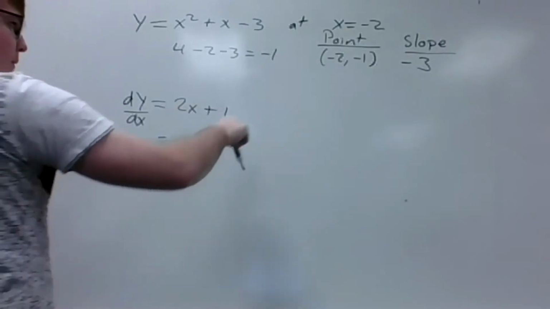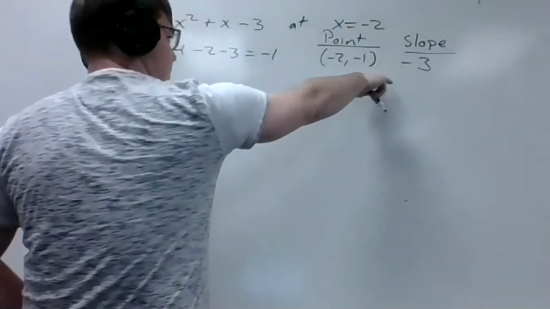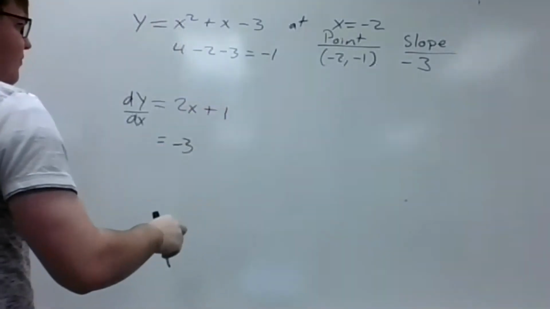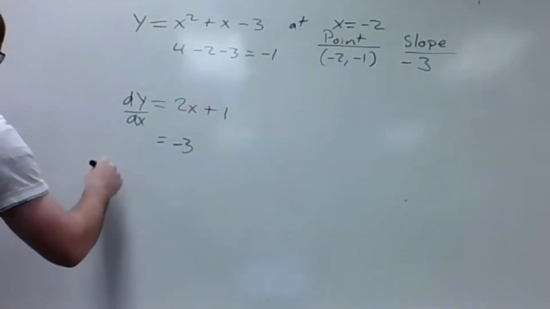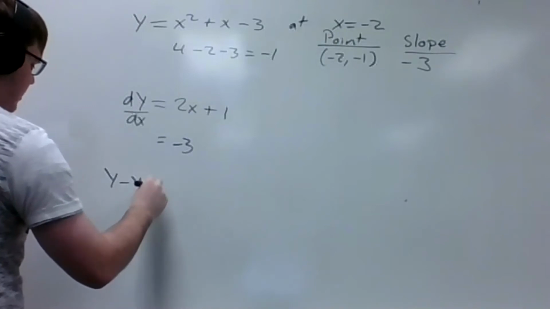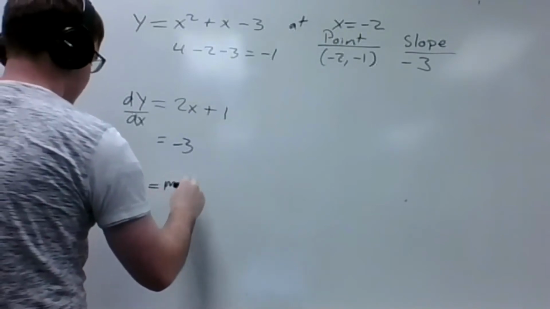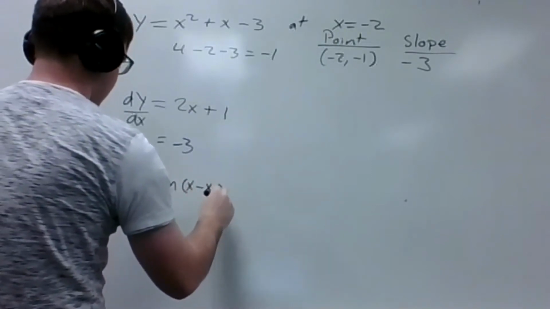So now we get to plug them into the point-slope form, which is y minus y1 equals the slope times x minus x1.